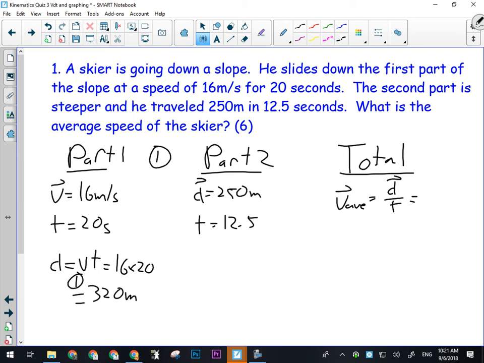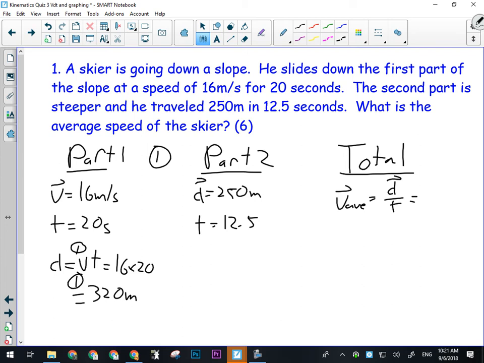You can give them a mark for that as well. I'll give them a mark here too if they showed their work. If they didn't show their work on this one, still give them that mark if they have the 320, but from now on, show all your work. Every step is worth something.